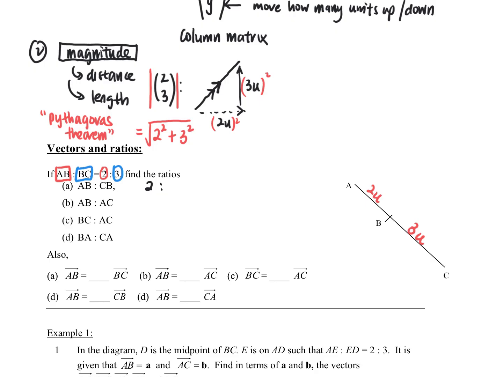We just talk about the units, right? So just 2 is to 3 also. So if I reverse the direction, it doesn't matter. Okay, next one, AB and AC. 2 is to 5. Okay, BC to AC. 3 to 5. Okay, then BA and CA. So the ratio ignores direction. If we are talking about direction, it ignores it. So be careful about that.